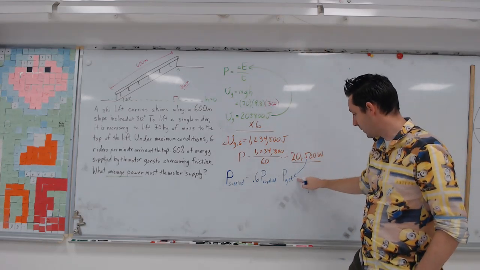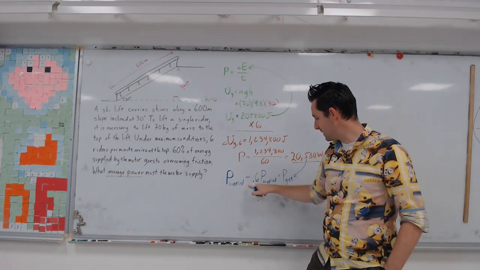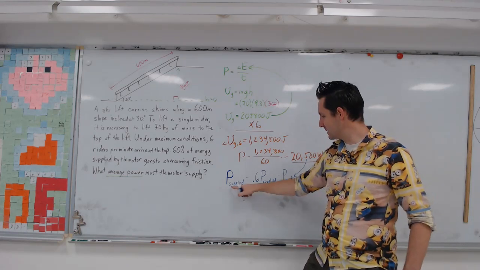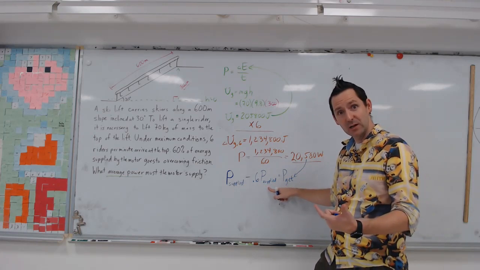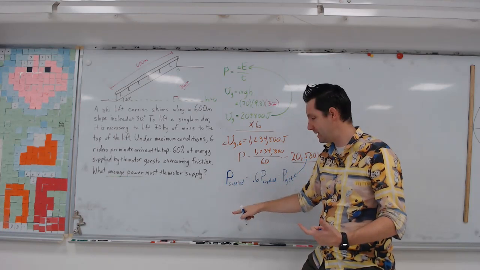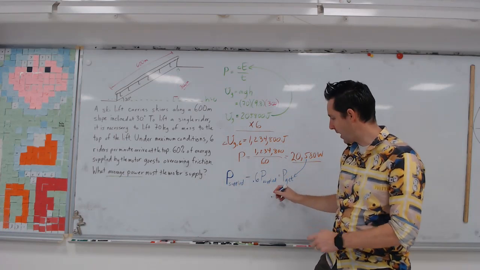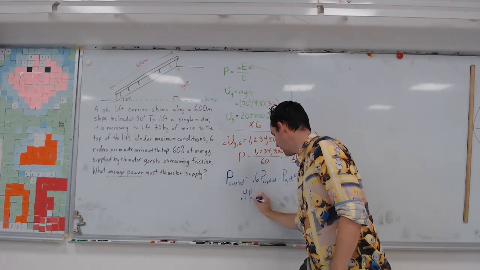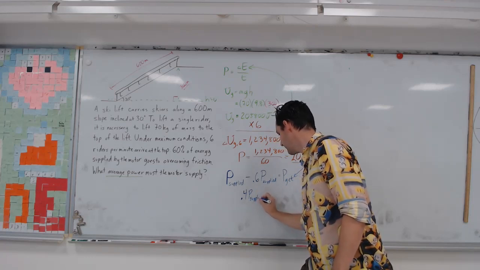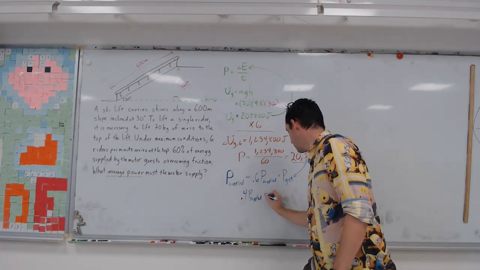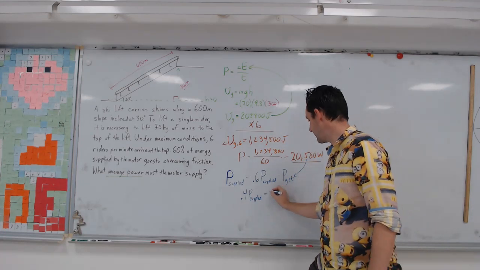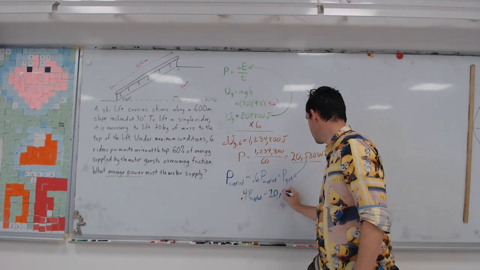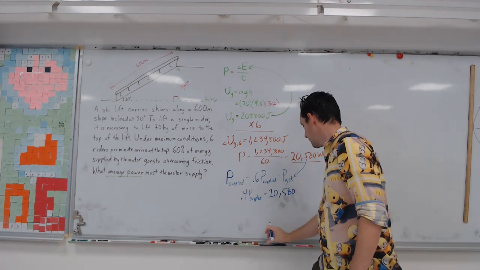So I've got this number, and you'll notice that these two are like terms. Because these two are like terms, I can subtract them. So I can go 1 power supplied minus 0.6 power supplied, and I get 0.4 power supplied equals the actual power that I get, which is 20,580.